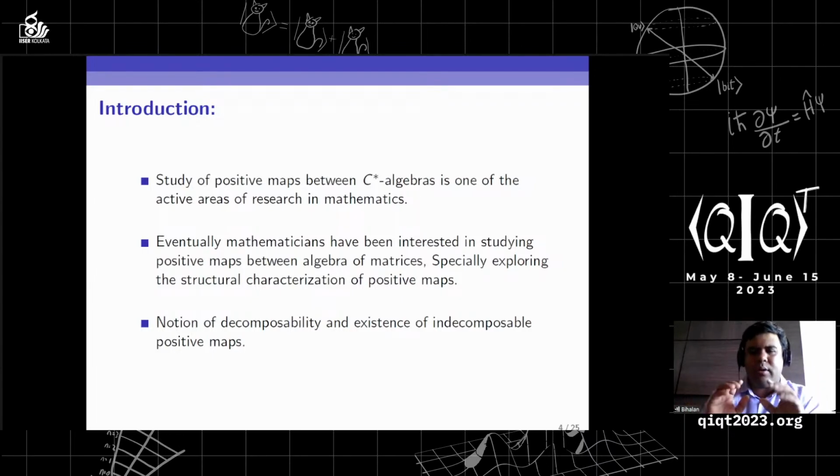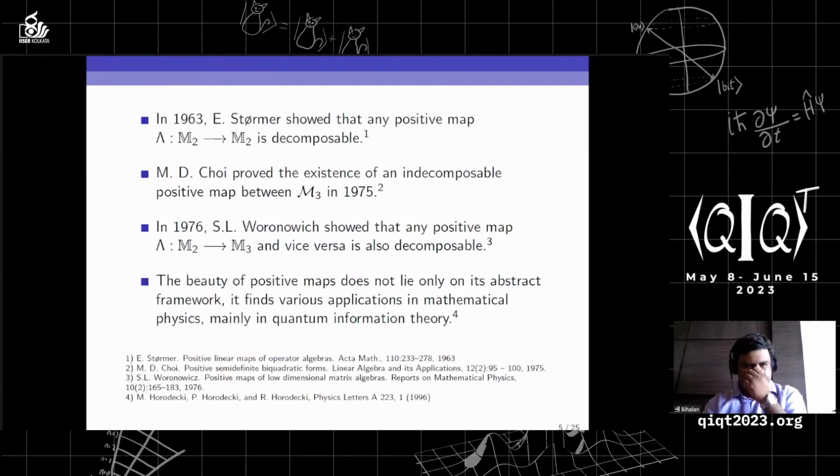Had it been so, our life would be very nice. That is roughly the notion of decomposable. But unfortunately, or fortunately, because this led to huge research in this direction, it was not true. The famous paper of Man-Duen Choi in 1975 came up with the first example of an indecomposable map.